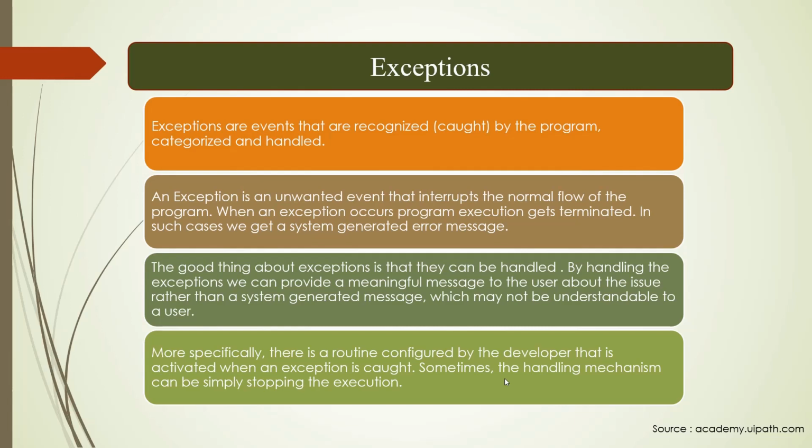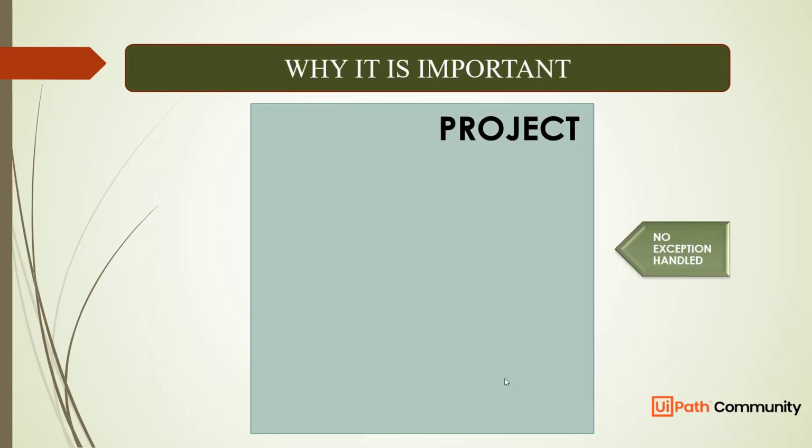So these are the generic concepts: error versus exception. I hope the difference is now clear. At a very high level, I'll repeat: errors cannot be handled, exceptions on the other hand can be handled, categorized, and you can always customize the message. We are going to see all of this via practical demo, but first it is important to understand the major difference. Okay, let's move forward.